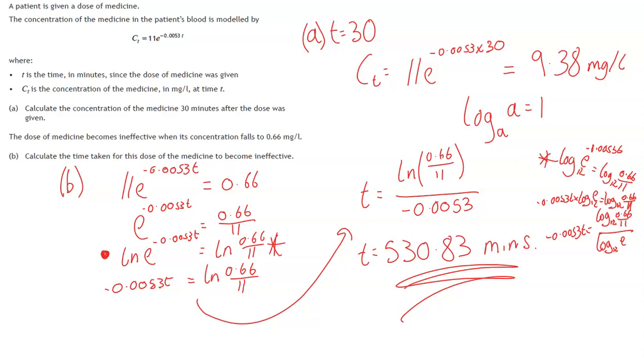I would still get the same answer ultimately at the end of the question, 530.83. But that maths is so much more complex and dragged out than it needs to be. Eliminate the base as early as you can by taking the natural logarithms of both sides. Doing that will just make your life a lot easier.